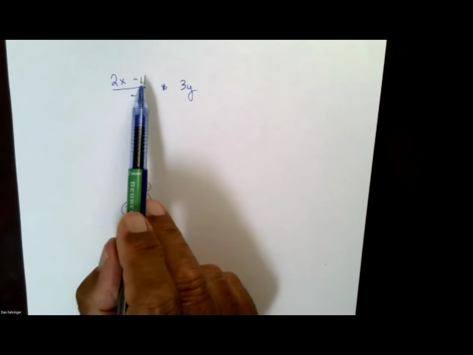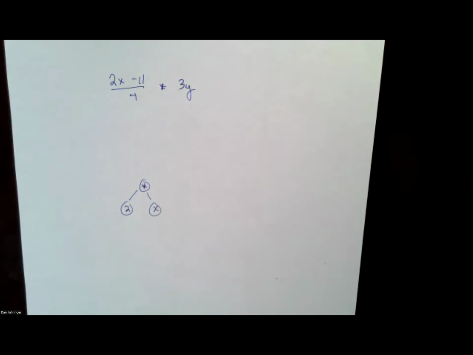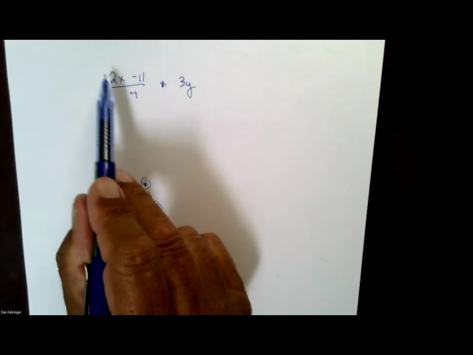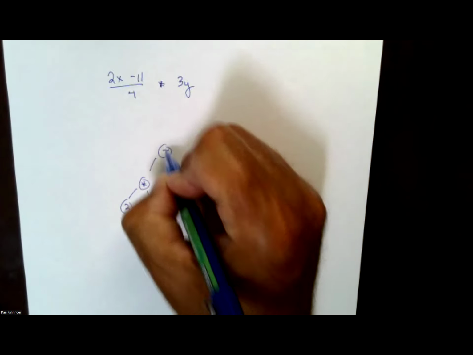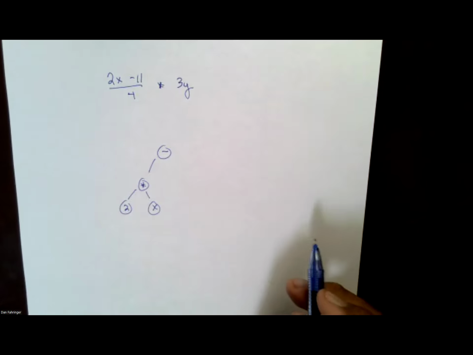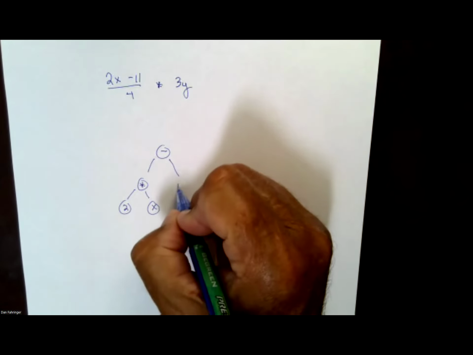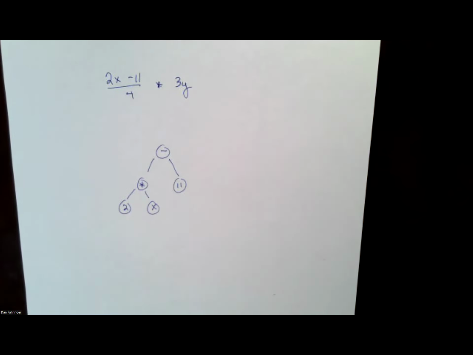Now, the next thing would be the minus 11. Well, this is your left side, and this is your right side. So we would go up and say, there's my left subtree. Here's my right, where it's just a child node.